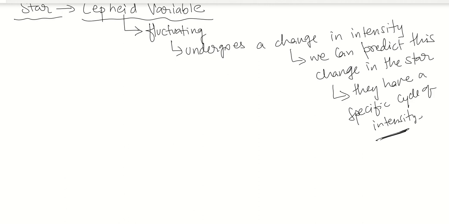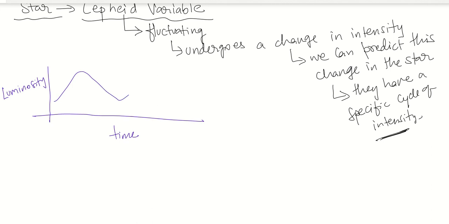If I have to draw this, I have to draw a graph between luminosity and time. And if you see, the graph goes, okay, one second, I think there's some problem here.